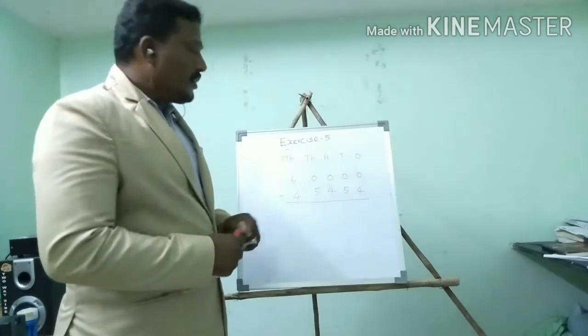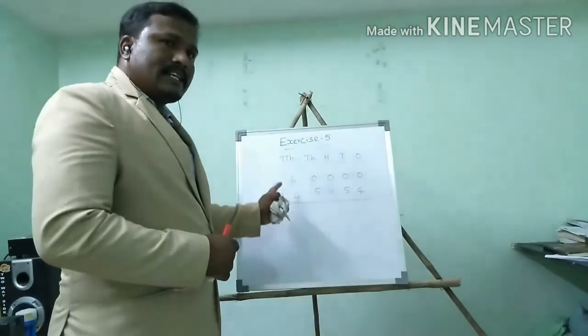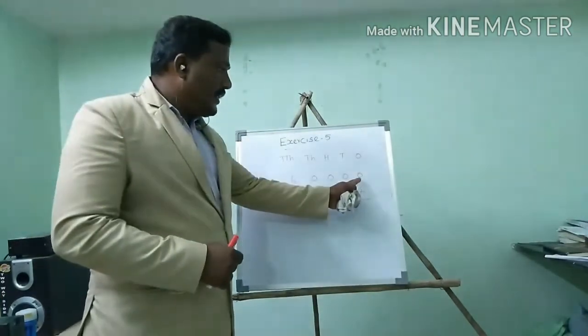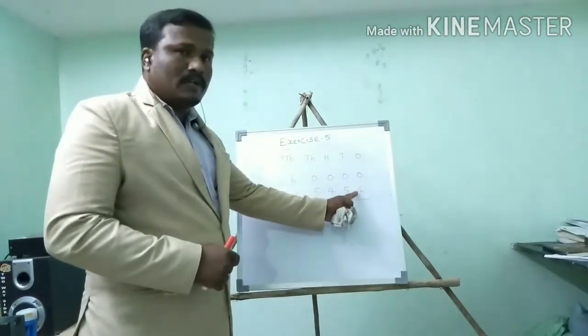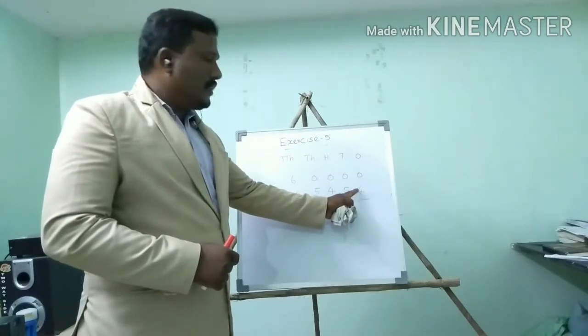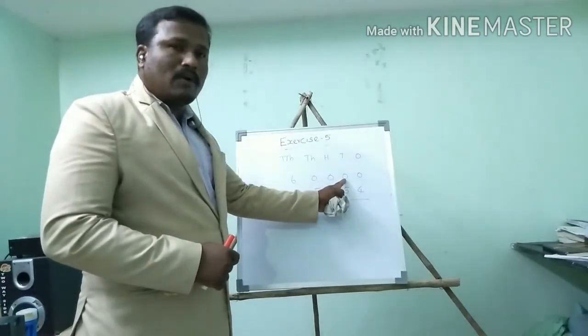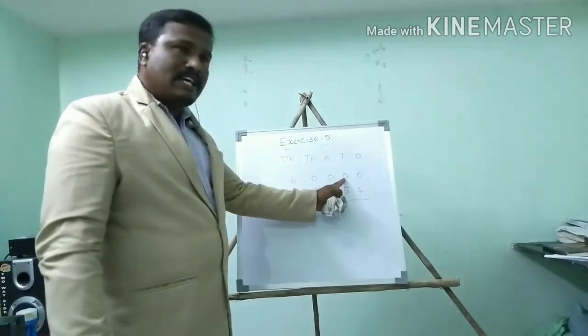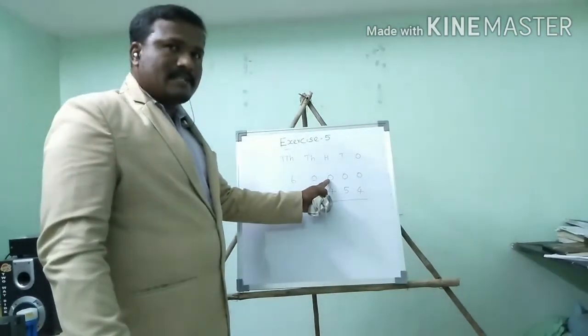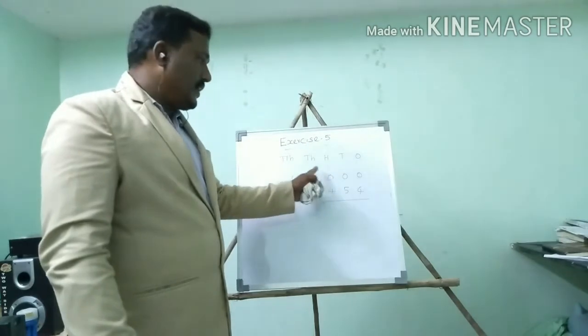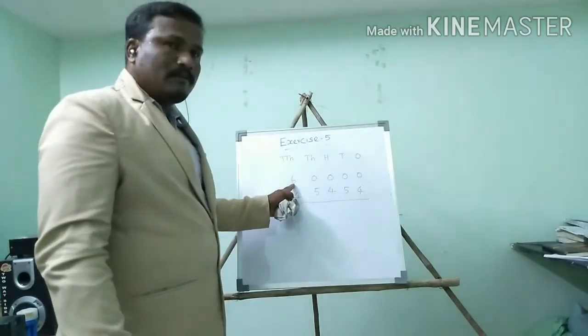We have to borrow from the nearest number. But here there is no number, so we cannot subtract 0 minus 4. We have to borrow from a nearby number, but here also there is no number. So we come to the next nearest number, but here also there is no number. Then here only we have.